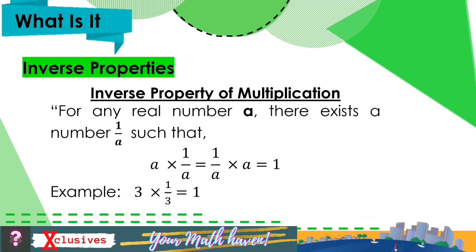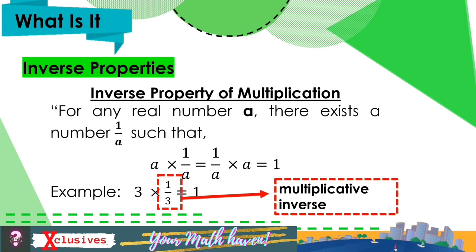From our example, we could say that 1/3 is our multiplicative inverse. In simpler terms, multiplicative inverse is just the reciprocal of the given number. Thus, we could say that 3 or any number multiplied by its multiplicative inverse or its reciprocal, the result is always 1.